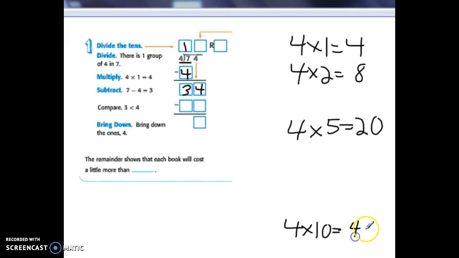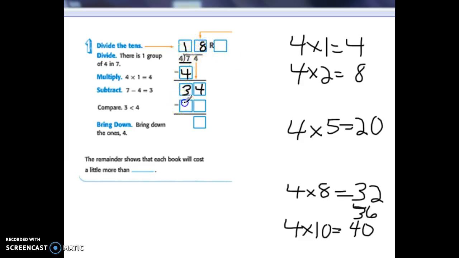It's a little too many, but we can work backwards because 34 is pretty close to 40. So if we take away 4, we have 36, and another 4 is 32. So that would be 8 right here. 4 times 8 is 32, which is close. 36 is too much. So we go ahead and use our 8 up here.